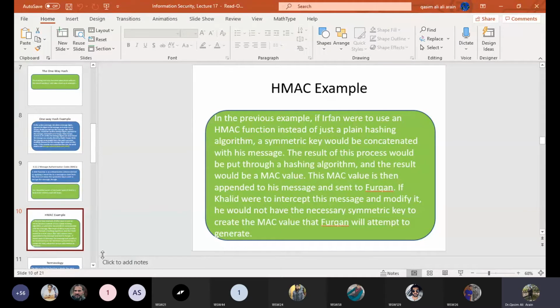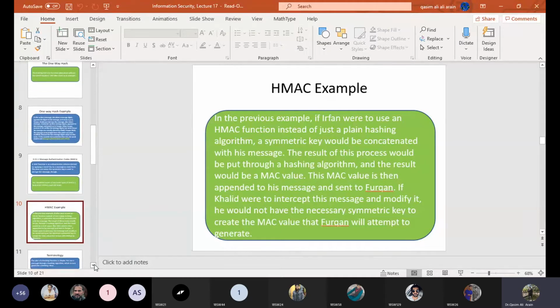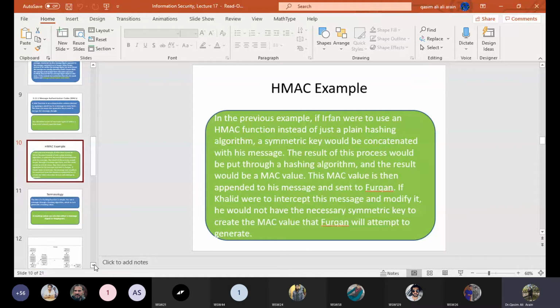Now see, very simple, the same concept, that is how we are going to overcome the man in the middle attack. I mean, if Irfan is sending some information by using an HMAC function instead of just a plain hashing algorithm, right? What he has to do, he has to add a symmetric key, which would be concatenated with his message, the original message plus the symmetric key.